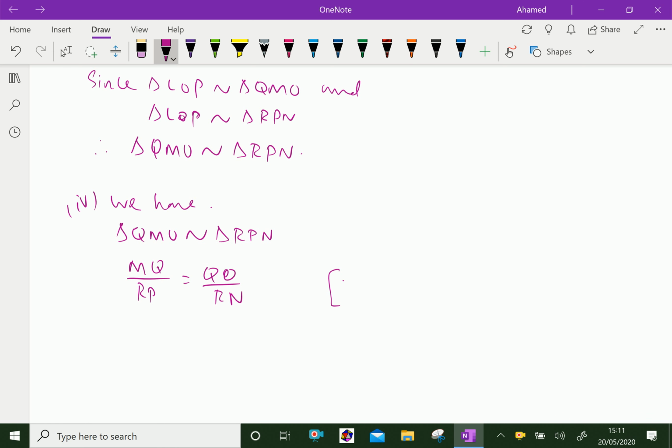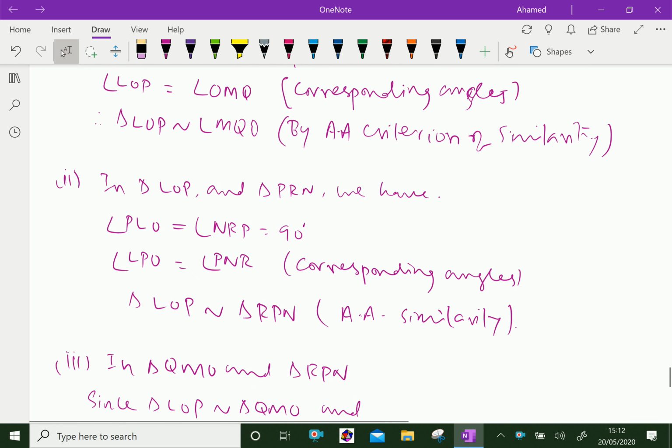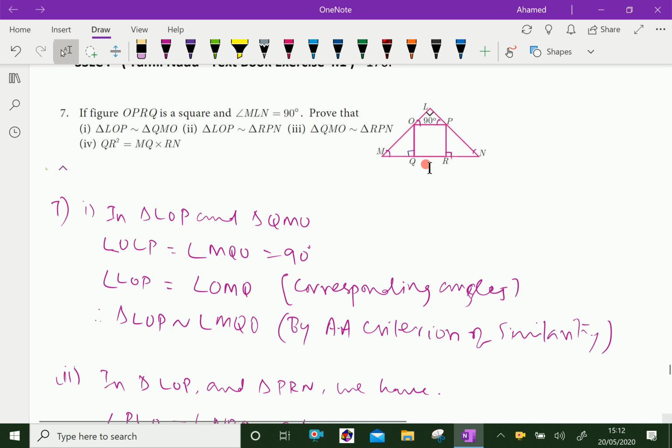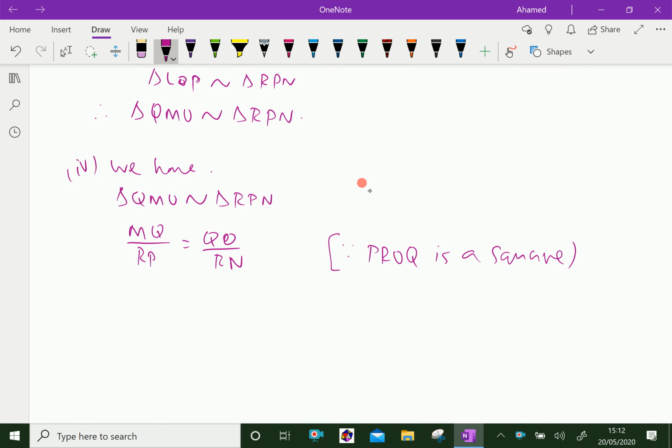Now, since OPRQ is a square, as given, therefore instead of MQ over RP, you can write QR square equal to MQ into RN.